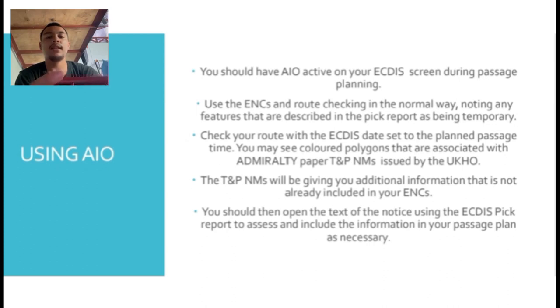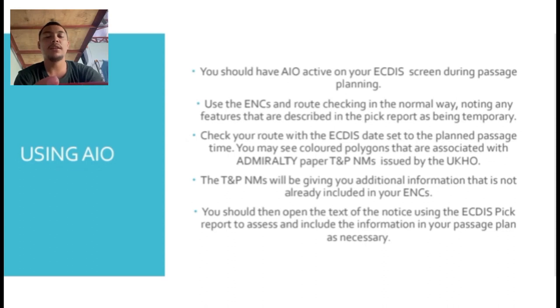Use the ENC and route checking in the normal way, noting any features that are described in the pick report as being temporary. Check your route with the ECDIS date set to the planned passage time.